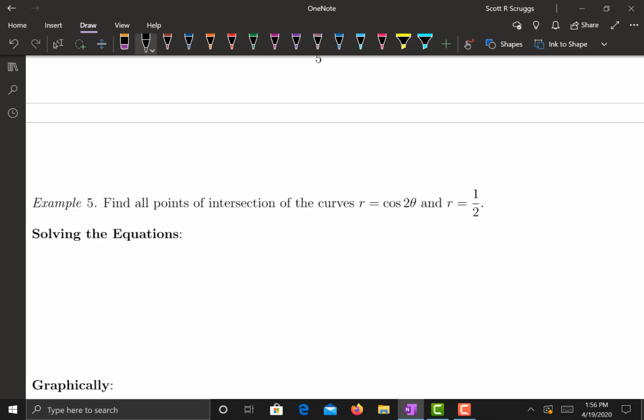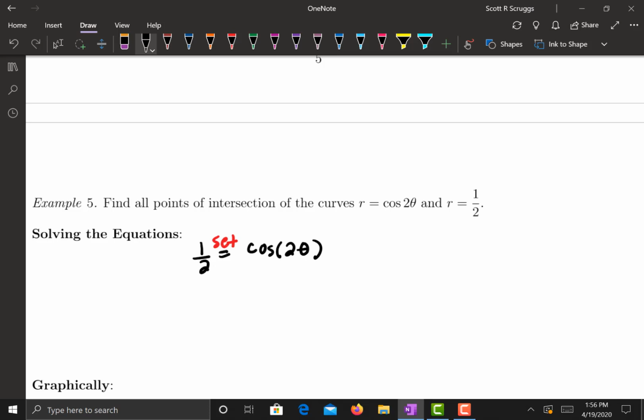So to find a point of intersection using a curve, I set those two curves equal to one another. So I set r equals 1/2 equal to the cosine of 2 theta.